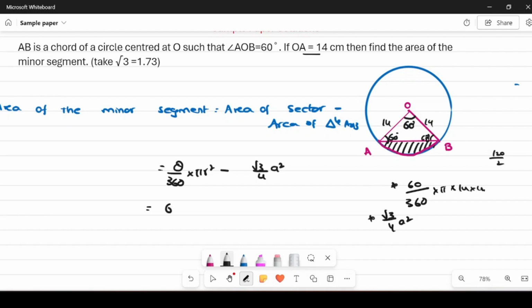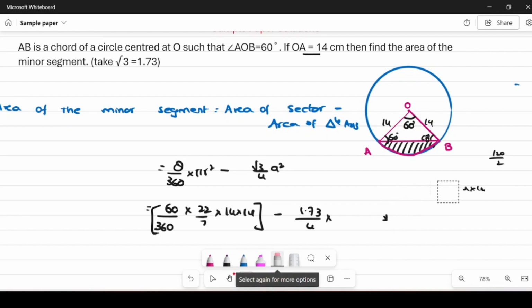We have 60 by 360 into pi, 22 by 7, into r square, 14 into 14, minus root 3, which in the question we take as 1.73, by 4 into a square, which will be 14 into 14.